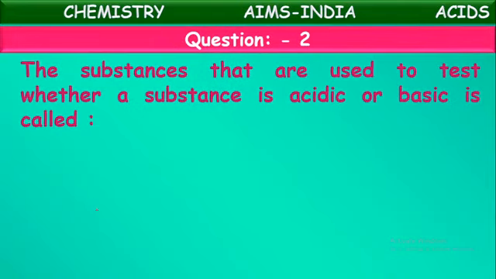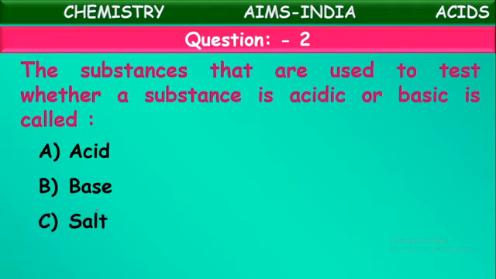The substances that are used to test whether a substance is acidic or basic are called. So what are those substances called? Is it acid or base or salt or indicator? So which is the correct statement, children?